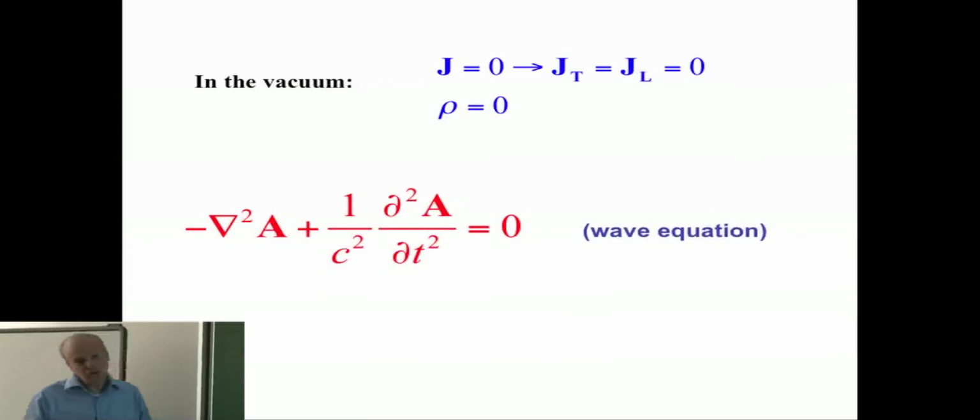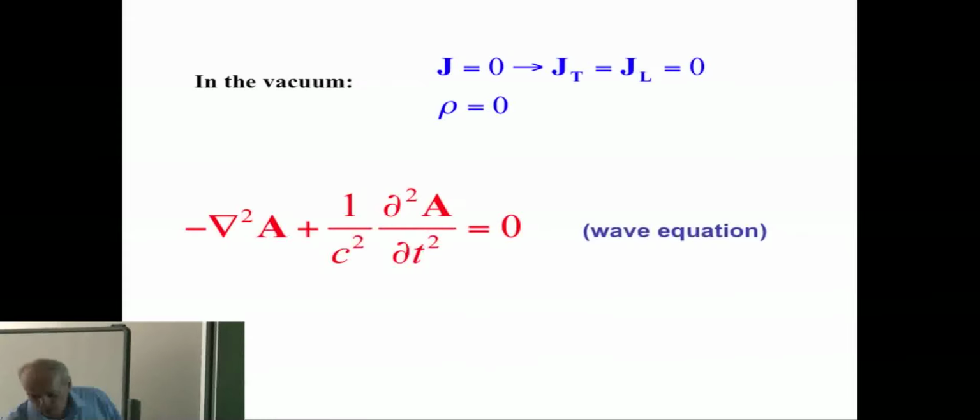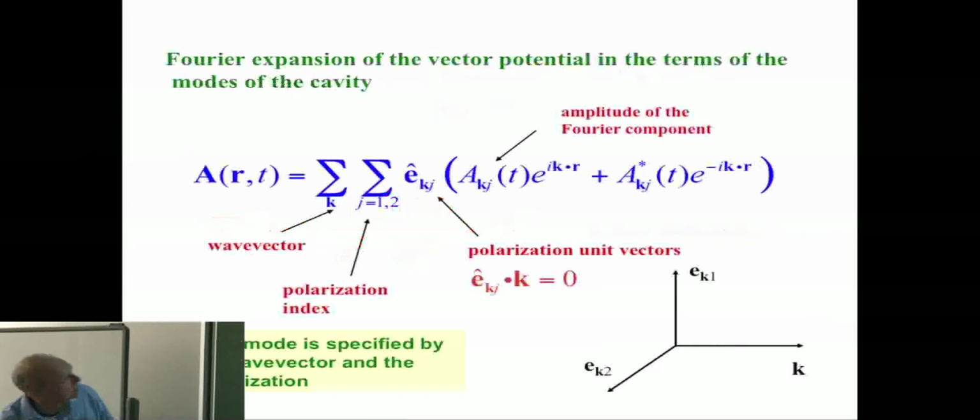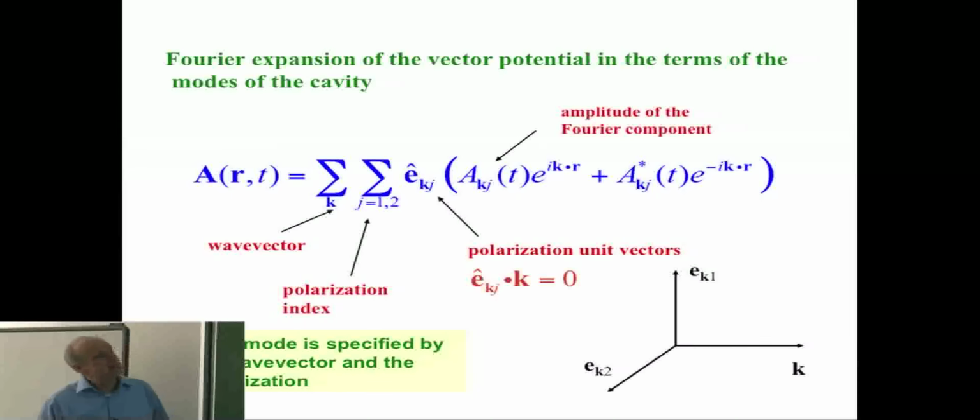So we can write the solution as a product of a space function and a temporal function. What we can do is to make a Fourier expansion of the vector potential in terms of the modes of the cavity, and this is the expression that is obtained for the vector potential.